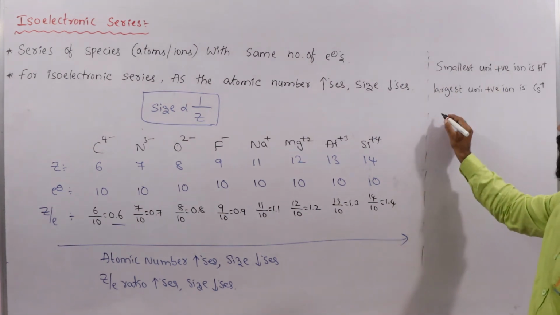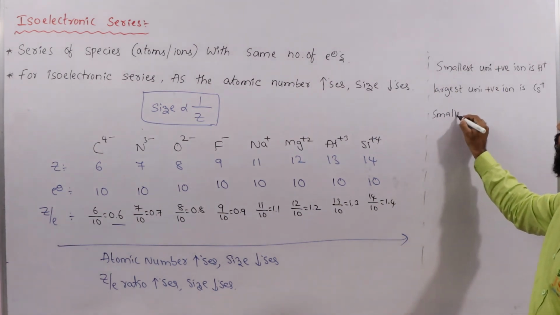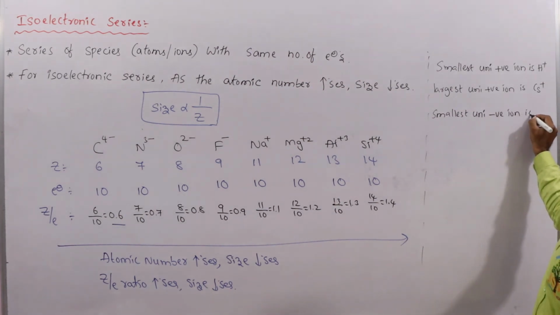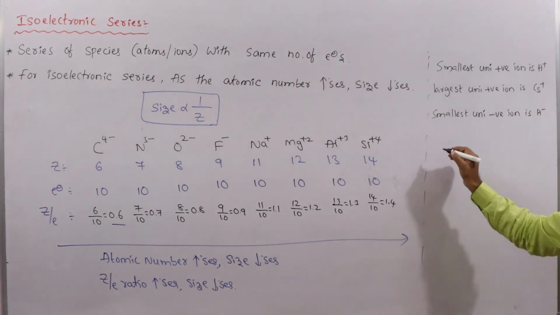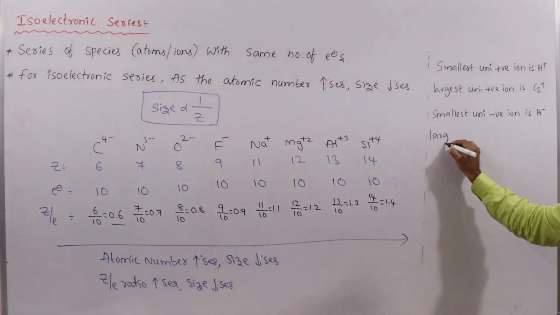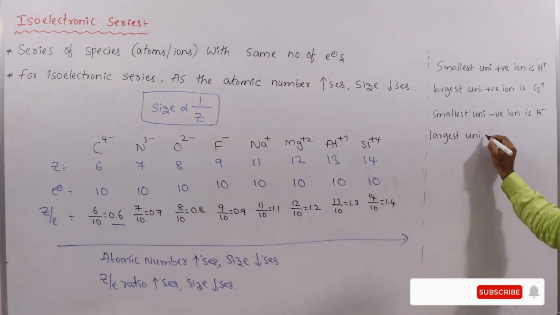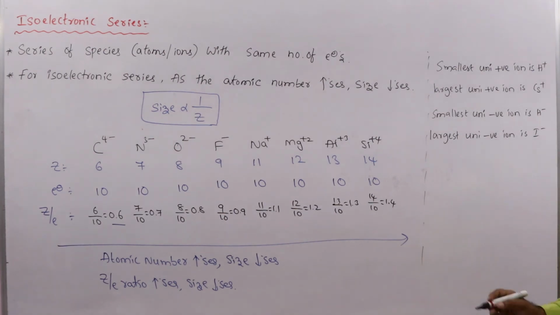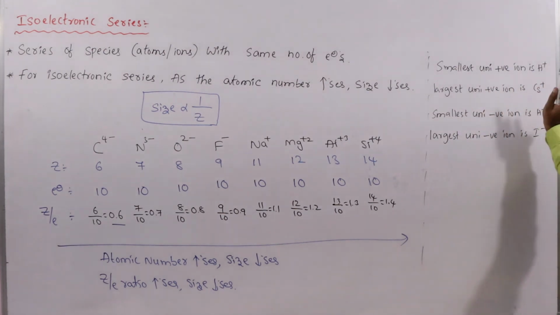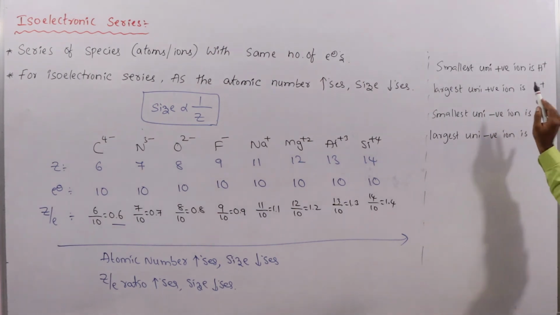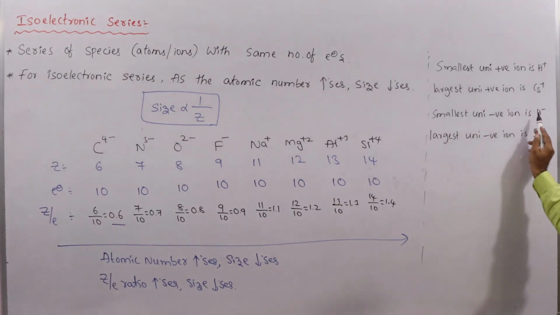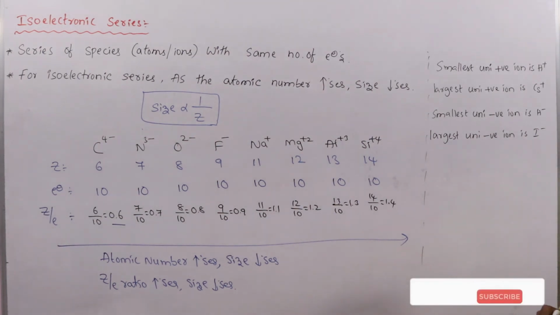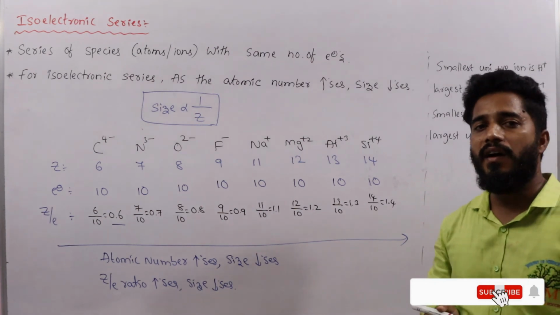And in a similar way, the smallest uni-negative ion is H minus, and the largest uni-negative ion is I minus. The smallest unipositive species is H plus, the largest unipositive species is Cs plus, the smallest uni-negative is H minus, the largest uni-negative is I minus. So this is about the ionic radius.